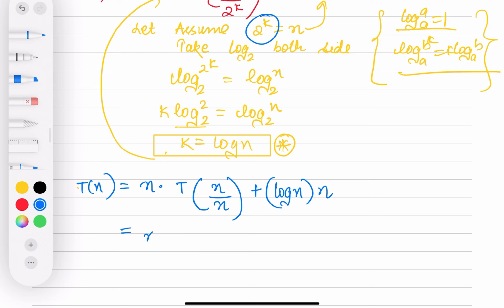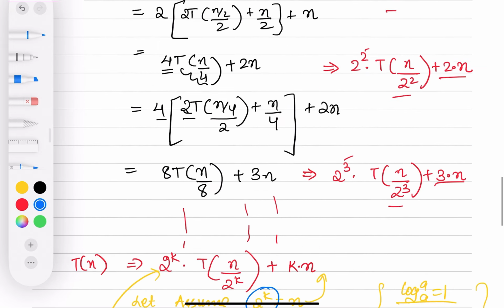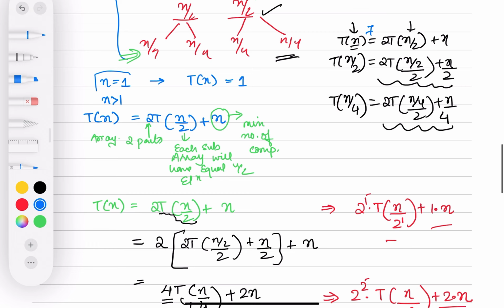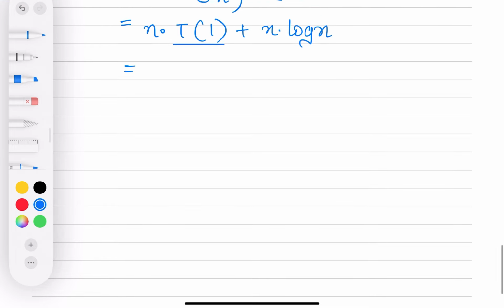So it becomes n times t(1) plus n log n. Now what is t(1)? I have given that. Remember, if you only have one element, what is t(1)? It is 1. So that is n into 1 plus n log n.